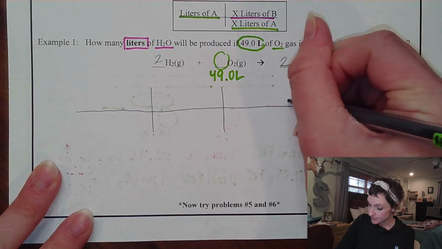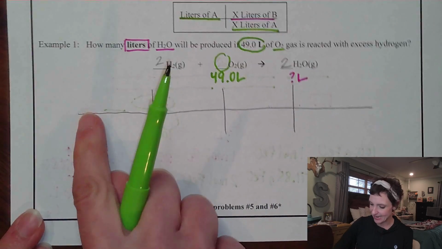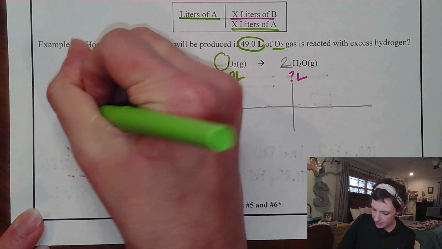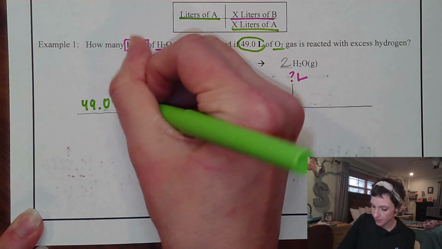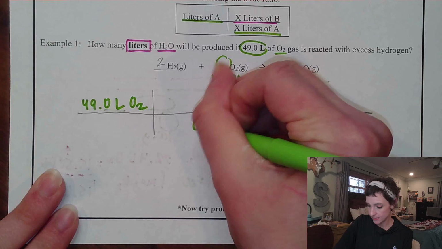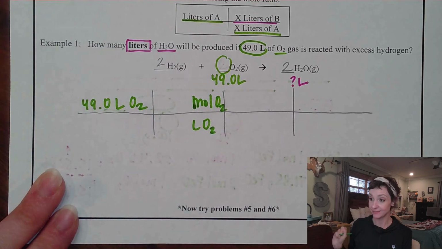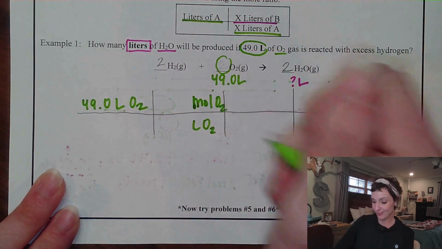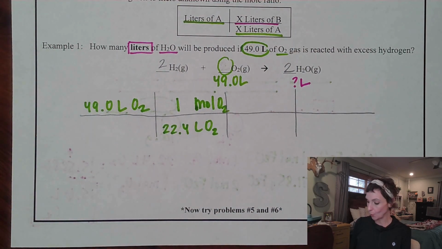Okay. Set up 3 spaces. My given goes right here. So I've got 49.0 liters of who? Oxygen, so O2, which means I need liters down here. And the purpose of this is to take it to moles, right? Molar volume. We know there are 22.4 liters in every 1 mole.